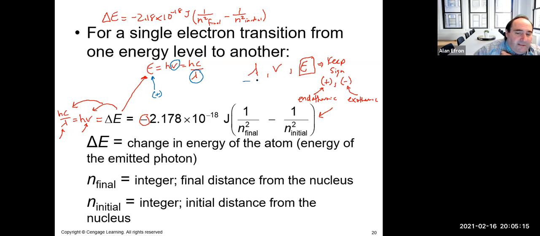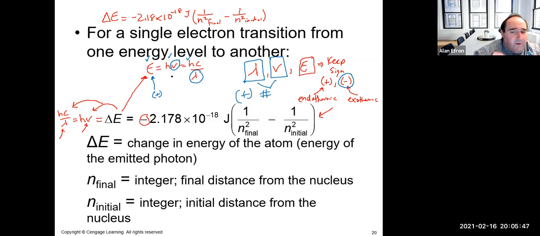When you calculate the wavelength of a photon or the frequency, this does need to be a positive number. Sometimes people calculate the energy, it's negative, and they use it in this version of the equations as well, and they end up with a negative frequency and a negative wavelength, and you can't do that. So it has to be a positive value for wavelength, a positive value for frequency, but the energy you should leave as either positive or negative.